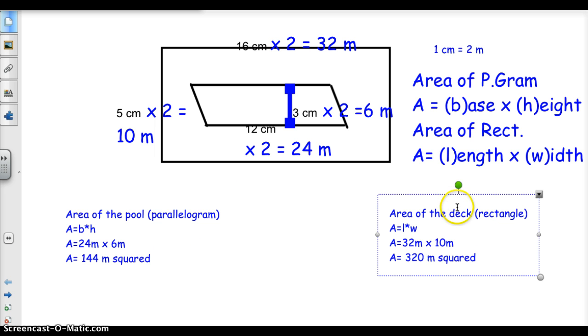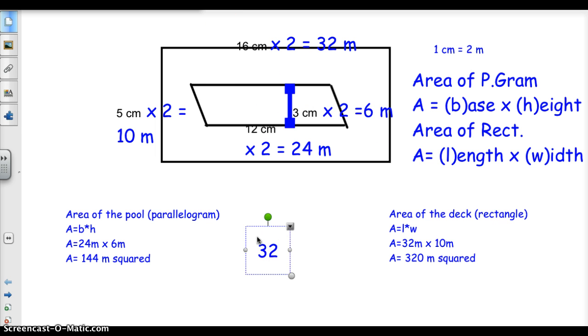So now am I done? I've got the deck, I've got the pool, but I have to subtract because I don't want deck in my pool. So I've got my 320, minus my 144, and that's going to get me my answer. 320 minus 144: 10 minus 4 is 6, 11 minus 4 is 7, and 2 minus 1 is 1.